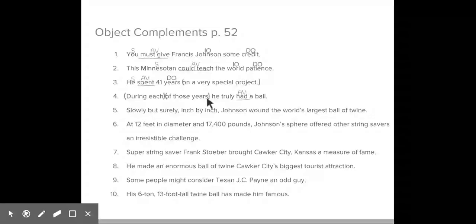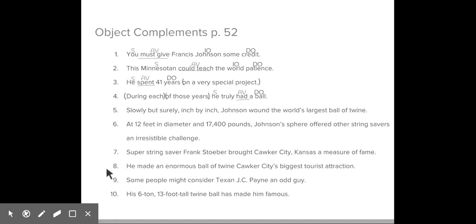Had is my verb. Who had? He had. He had what? A ball. Ball is my DO, and that's it. That's my whole sentence. If you're wondering what truly is, it's an adverb. It's telling you how he had. He truly had. Now we're going to drop down all the way to number 8.